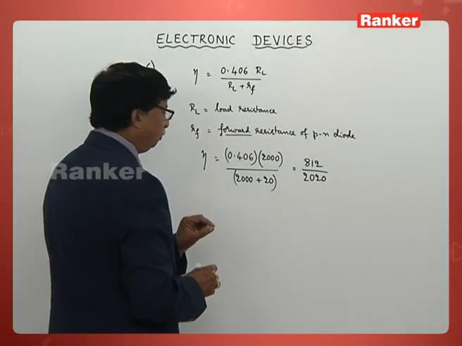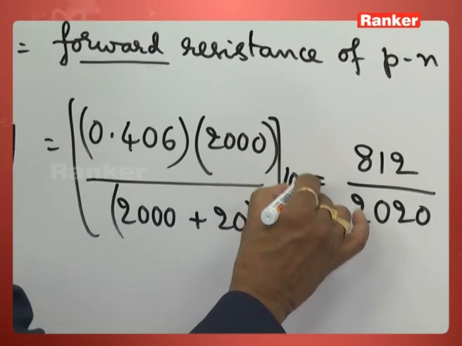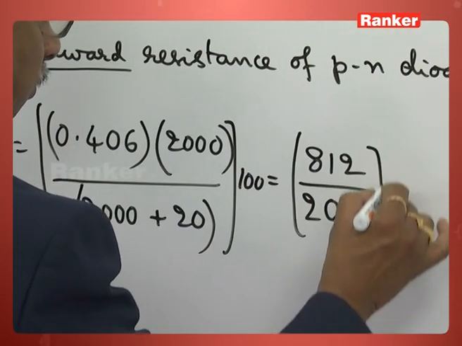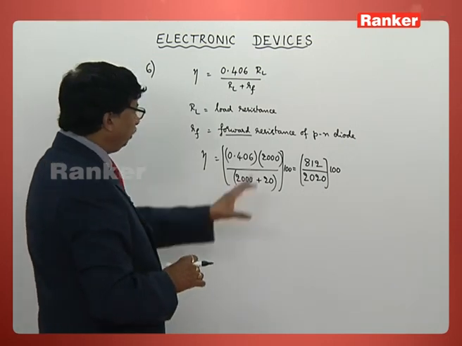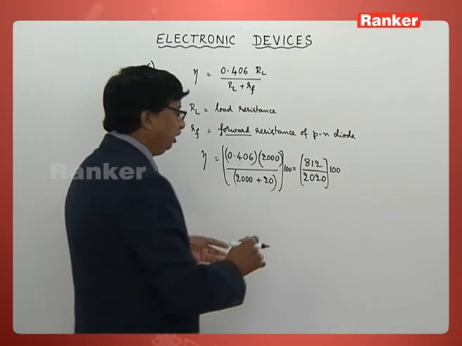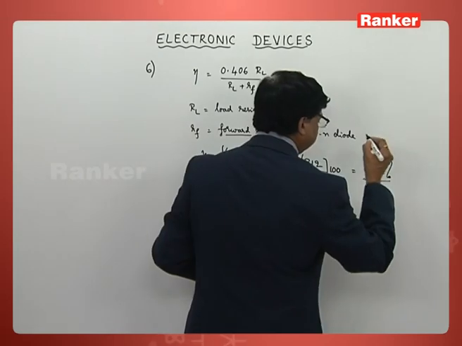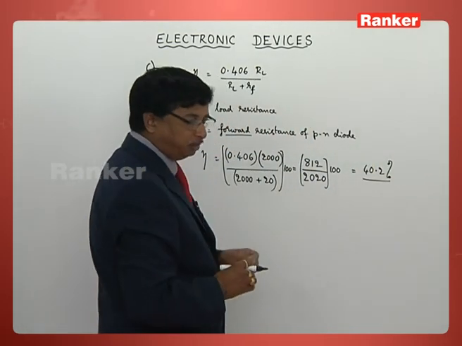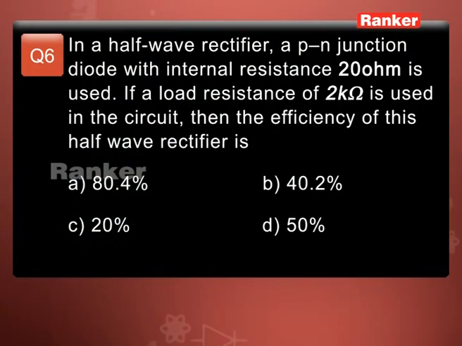But he is asking for the percentage. Percentage means you just multiply this whole thing by 100. If you simplify this, you will get around 40.2%. That 40.2% is exactly in accordance with the second option, so you can write directly the answer for this one as B.